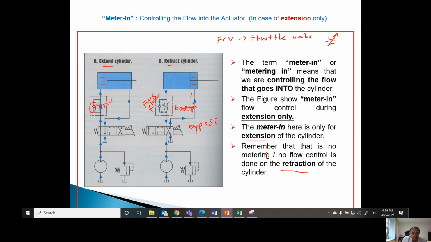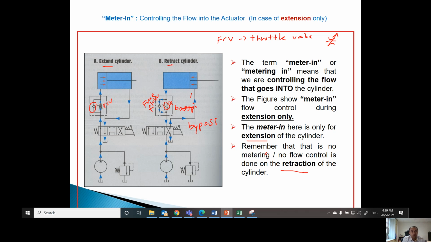So you can just imagine that with this check valve, the throttle valve is no longer functioning, because the nature of the flow is that it will always choose the path with less or no resistance. So instead of flowing through this flow control valve or throttle valve, it will go through the free flow.